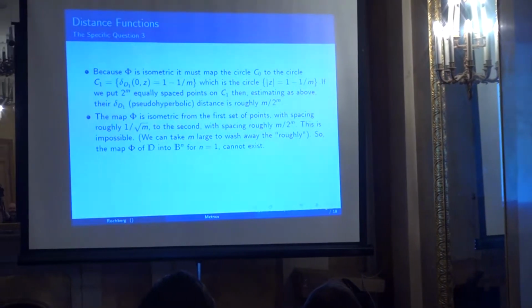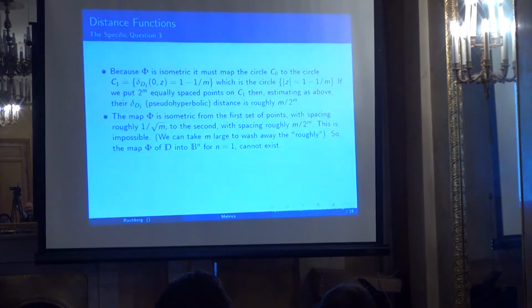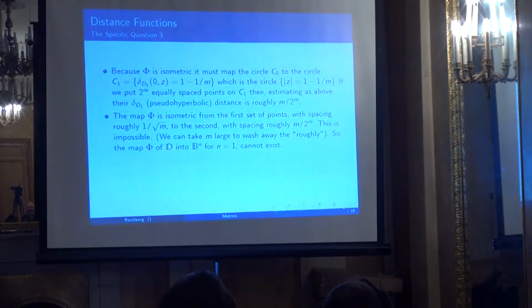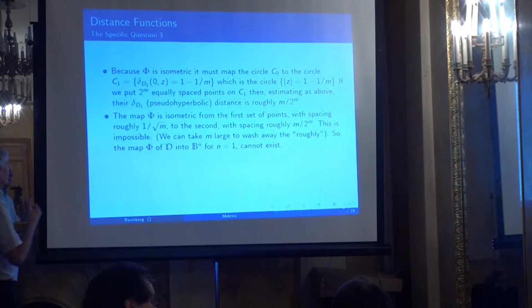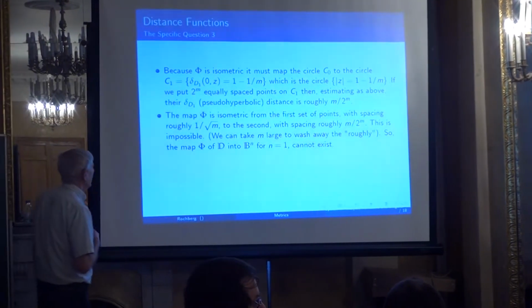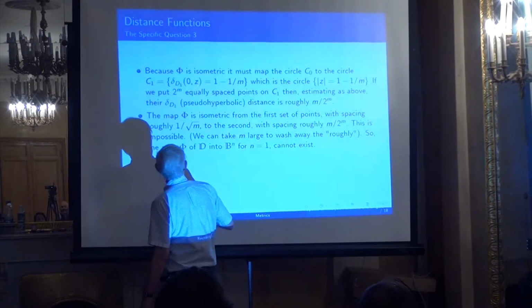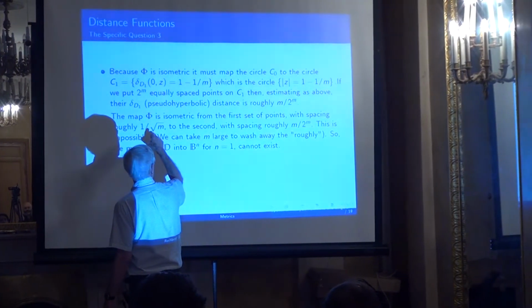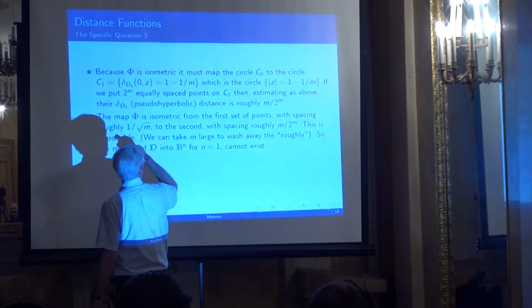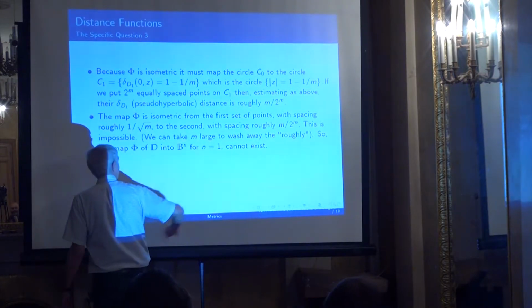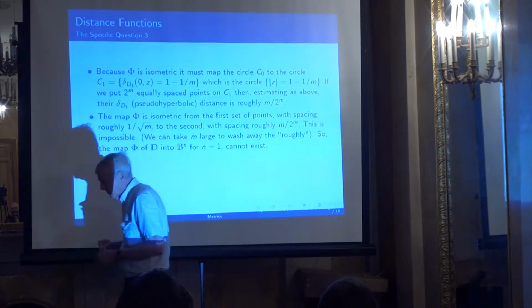The point of m large is basically that you can wash away all the details from the approximation statements, all the approximately and roughly statements get washed away by the fact that we were trying to map isometrically and we moved points with this relatively large distance from each other to points with that relatively small distance from each other.